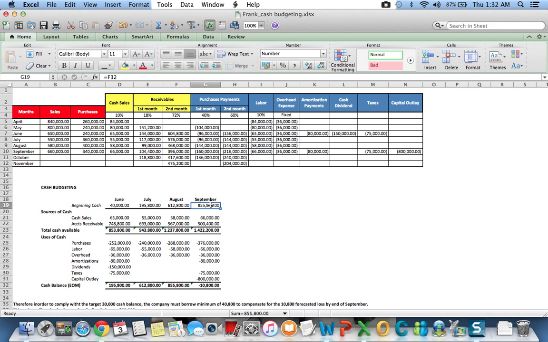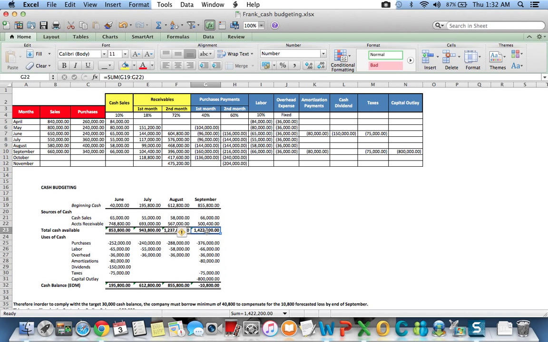The beginning cash of the month of September is 855,800 with a cash sales of 66,000. Accounts receivable with a total value of 500,400.